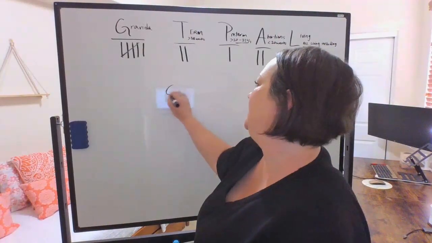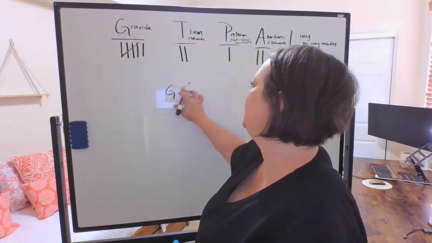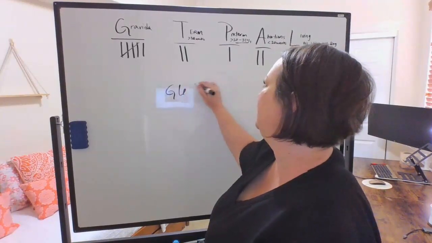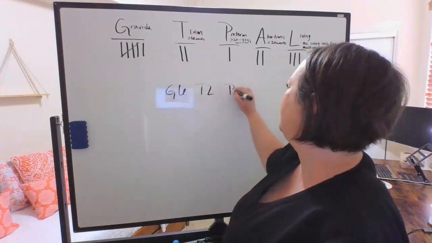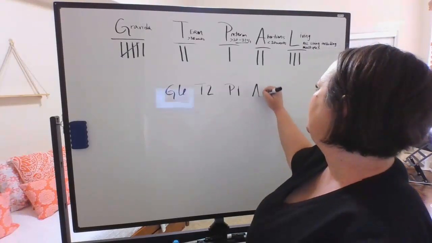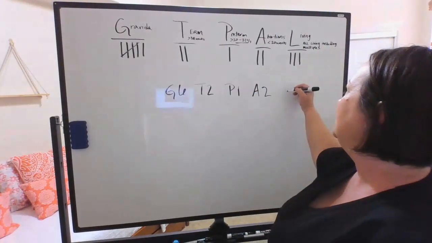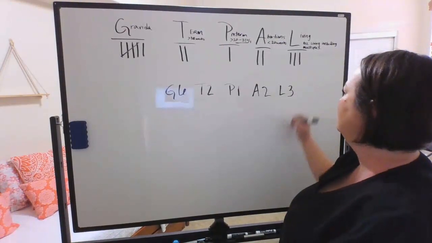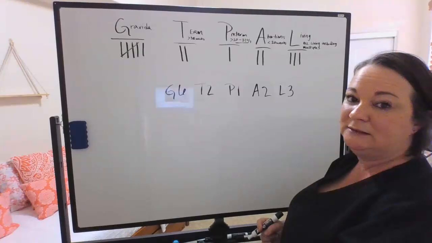Okay, so what is her GTPAL? She is a gravida 6, term 2, preterm 1, abortion 2, living children 3. Make sense?